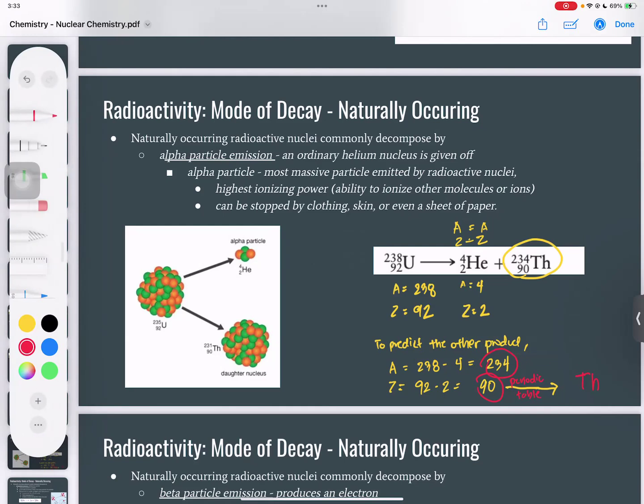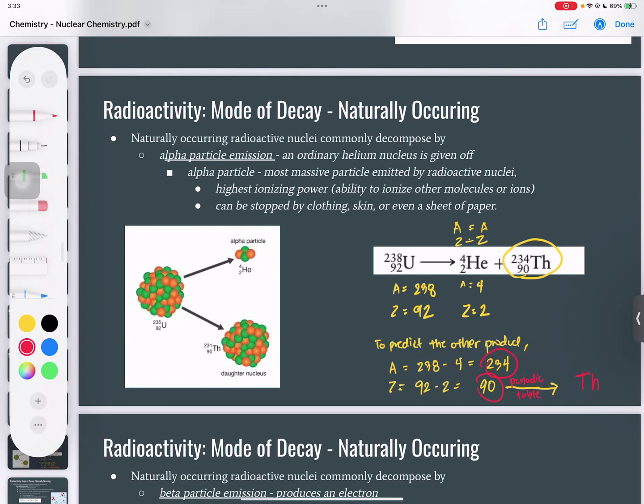So, alpha-emitting nuclei that are outside the body are relatively safe. Less danger is posed as long as they are outside the body because your clothes and your skin can stop them from ionizing your cells. It is important that radioactivity doesn't penetrate your cells. Okay?